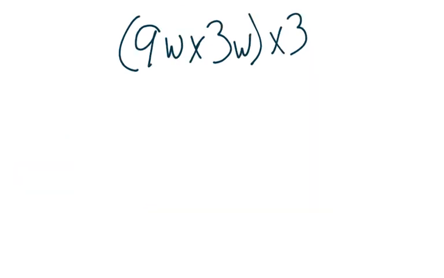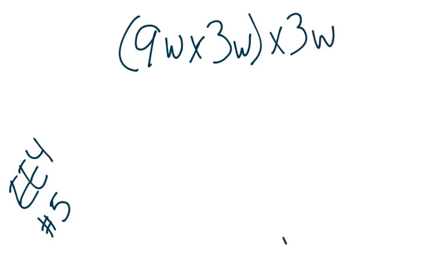Okay, so this one that you have for number 5 on EE4, we did this together in class also. So what you have here is 9w times 3w inside parentheses, and then times 3w outside parentheses.